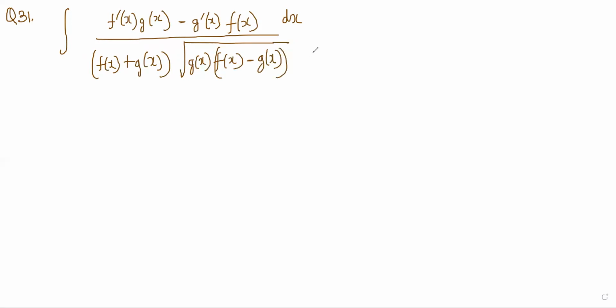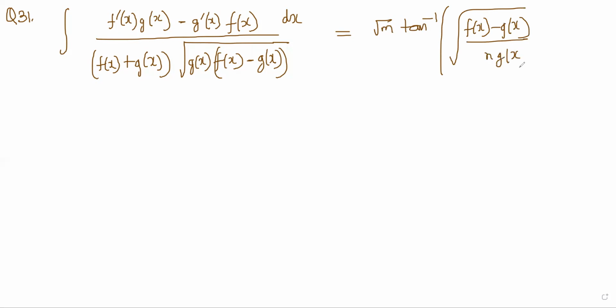Okay, we have to find this is equal to apparently root m tan inverse root over fx minus gx by n gx. What we have to find is m square plus n square.